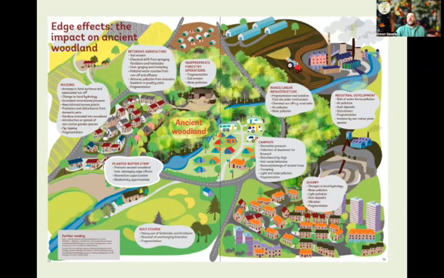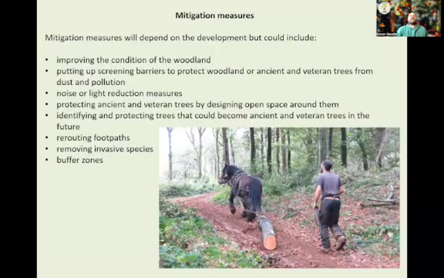If you've got industrial development, even at some distance from the woodland, is there a risk of waterborne pollution, air pollutants, dust deposits, etc.? It doesn't have to be that a development is occurring right in or adjacent to an ancient woodland. It could be several miles away and still have an impact. So you have to think carefully about what the developments are and what your sensitive receptors are. Although developers often only like to look at the bit they're going to be working on, we as arboriculturists and ecologists have to think a lot broader than that and further afield.